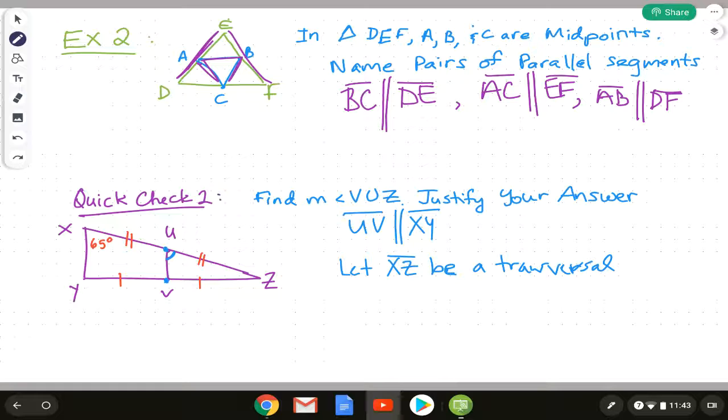That makes angle VUZ and angle X corresponding angles.